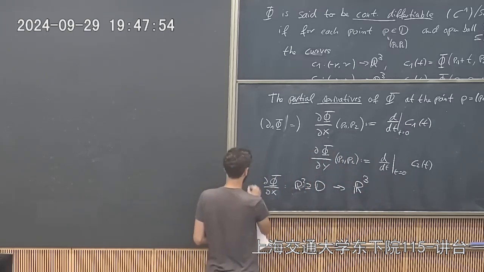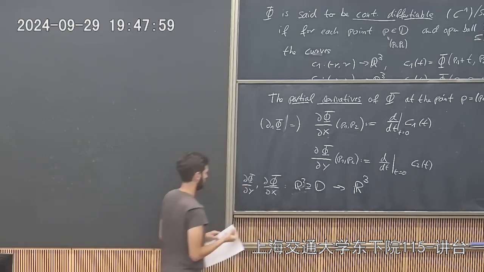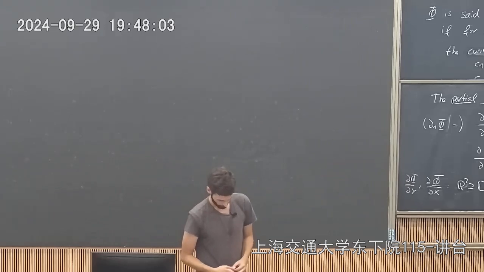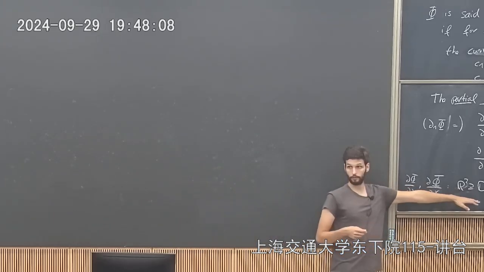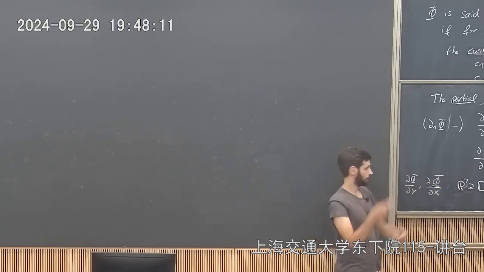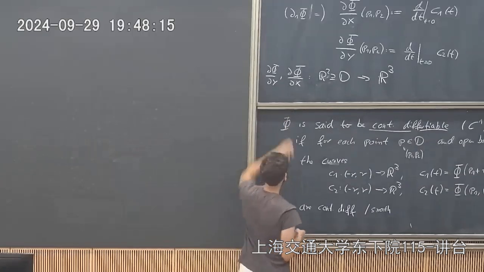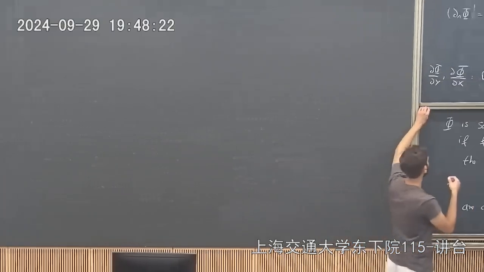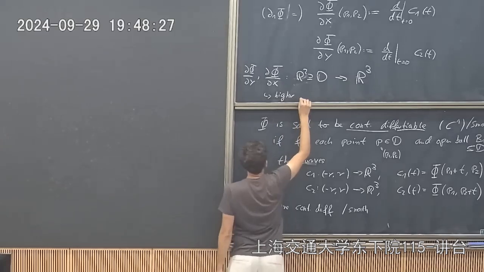And similarly, d phi dy is also a map like this. So we can also talk about its derivatives again. You take derivatives and derivatives, so we can just iterate that to get higher derivatives.